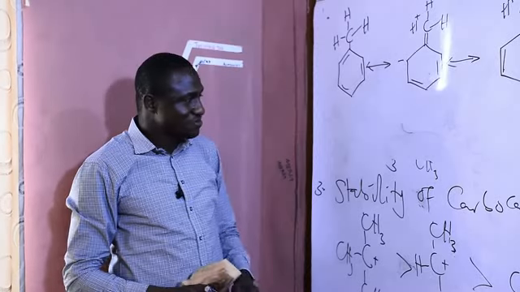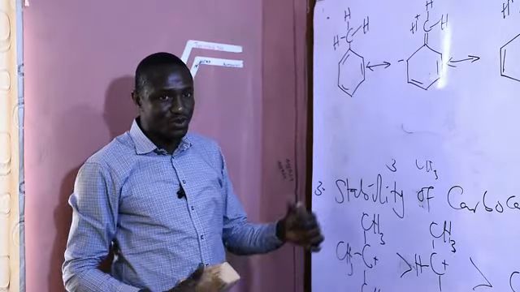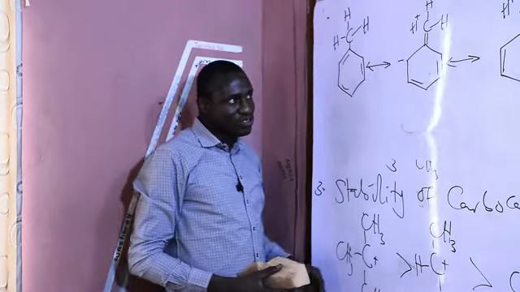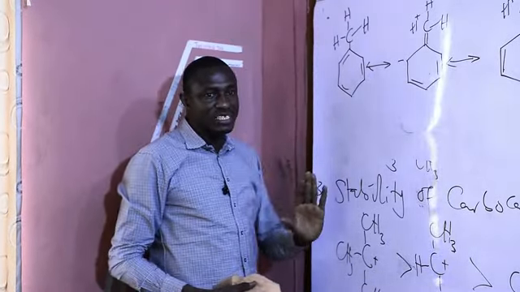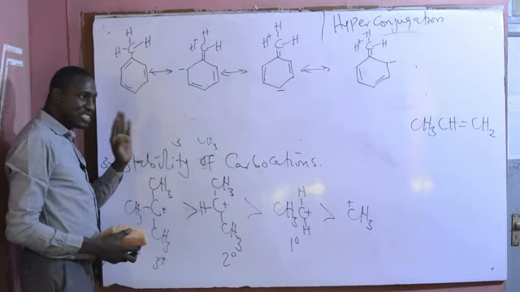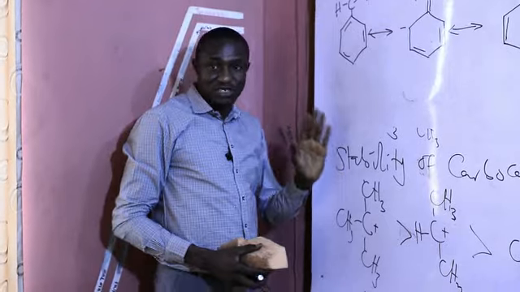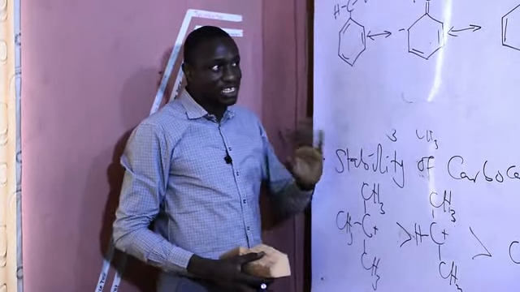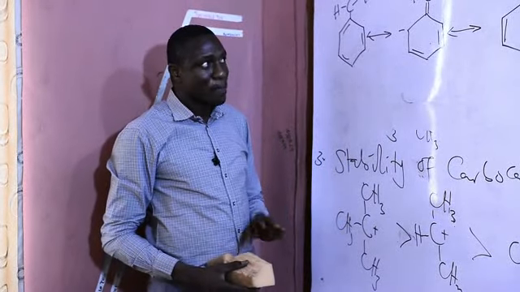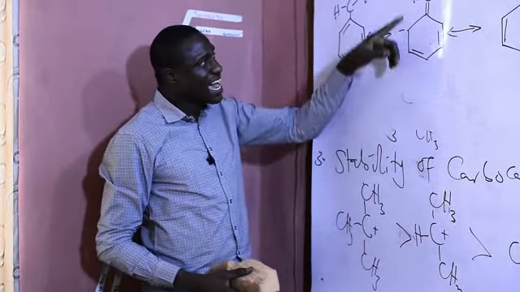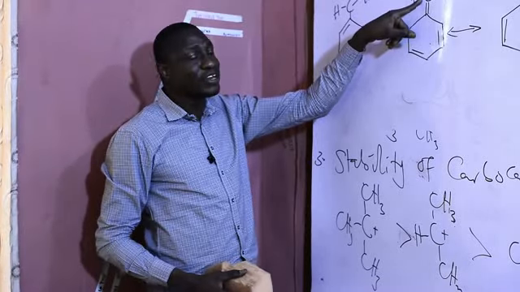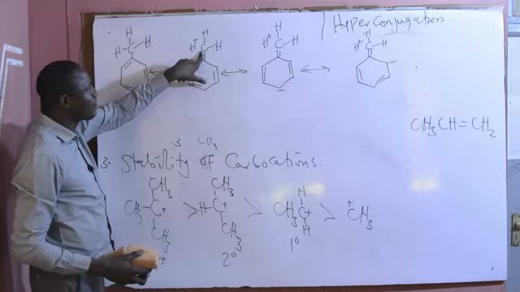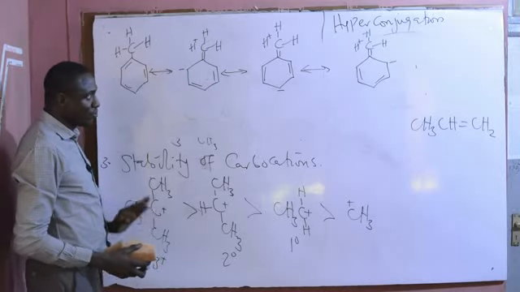So hyperconjugation can be used to explain that. You can observe that hyperconjugation also involves sigma bonds, like the inductive effect, which takes place in saturated organic compounds. But have it in mind that the hydrogen ion is still bonded, although not bonded with the carbon atom, but it is not free to move about.